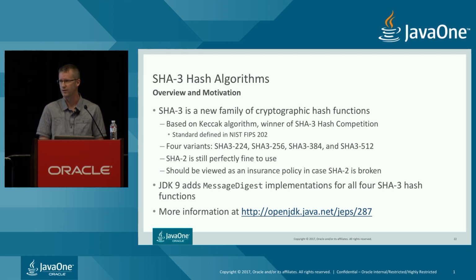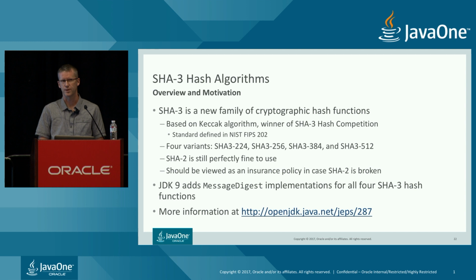There are 4 variants, just like SHA-2. So there's SHA-3 224, 256, 384, 512, where the number is the size of the resulting hash. Now, to be perfectly clear, SHA-2 is still perfectly fine to use. There's nothing wrong with it. SHA-3 was created and should be viewed as an insurance policy in case SHA-2 is broken.